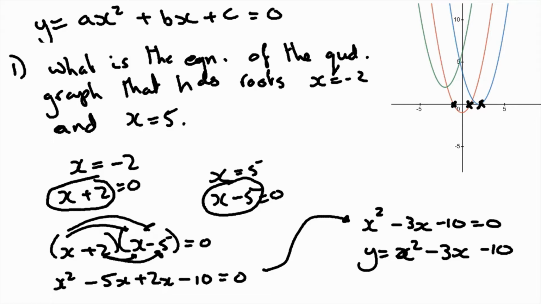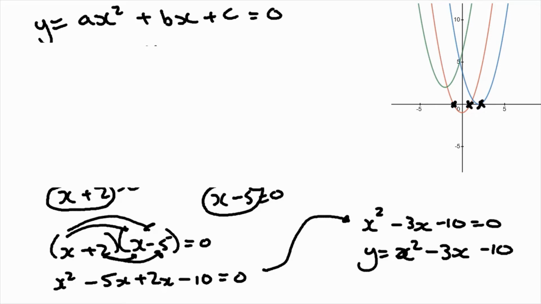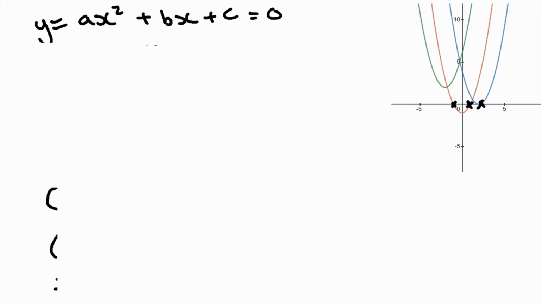Now, as I said before, we can also have where the graph only crosses the x-axis once. So it only has one root. This is what we say is a repeated root.